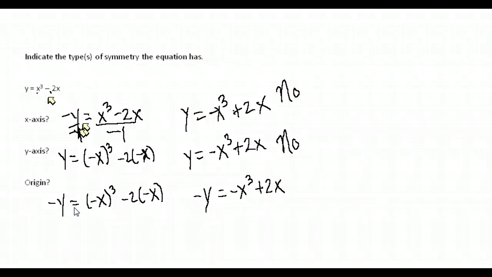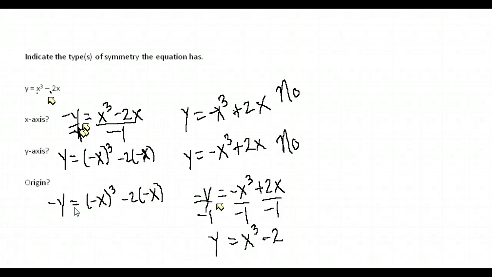And can I go ahead and simplify this? I have a y, it's negative. To get rid of that negative 1, I can divide everything by a negative 1. When you divide one thing, you have to divide everything to keep the equation balanced. Gives me a positive y, a positive x to the third, and a negative 2x. That's as much simplification as we can do. Does that look like our original up here?